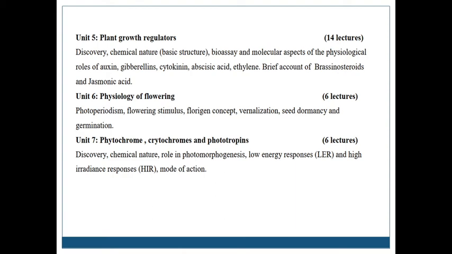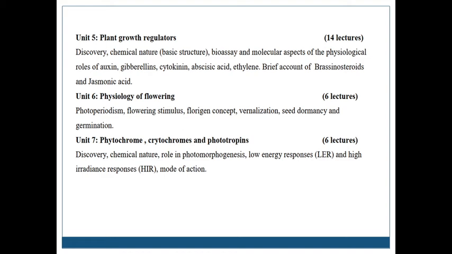Under photoperiodism, this portion can explain the day lengths. Depending on this, we can classify short day plants, long day plants, and some others, day neutral plants. That is, some of the plants are modified by light responses and some others are not.